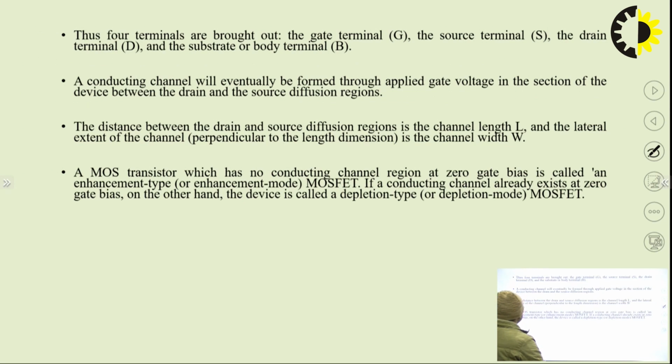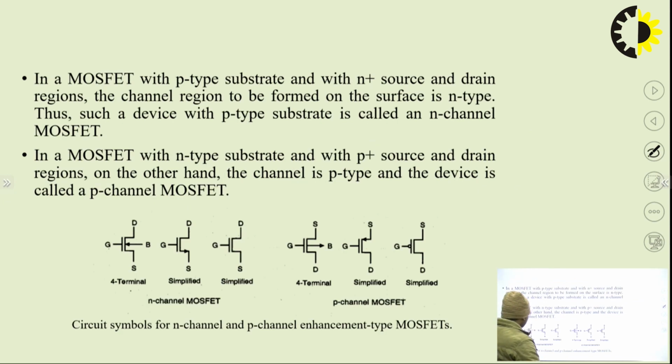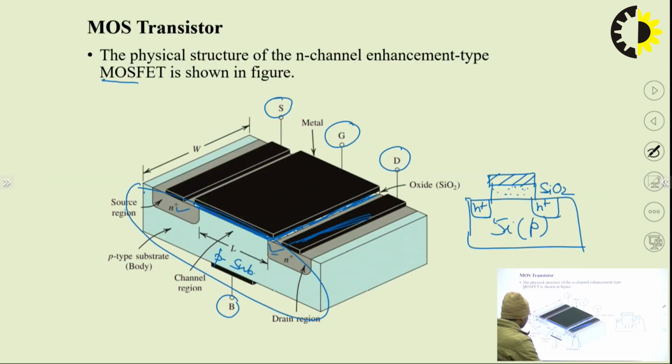In the metal oxide semiconductor structure, the conducting channel, also known as the inversion layer, is eventually created by the effect of gate biasing.